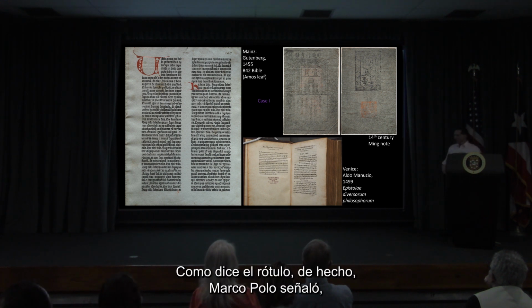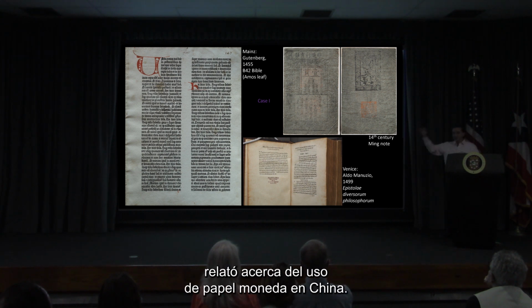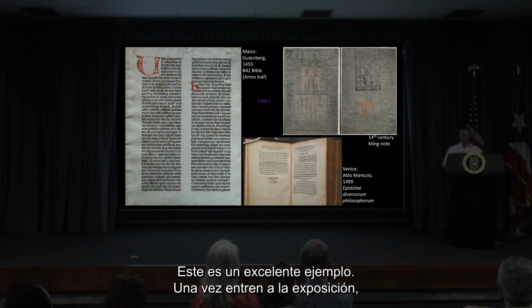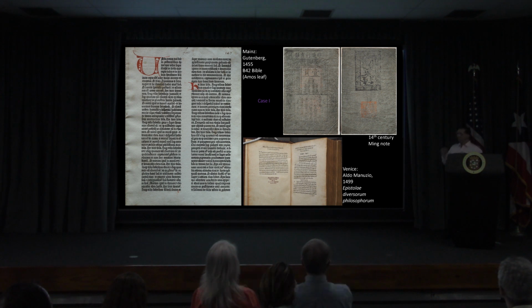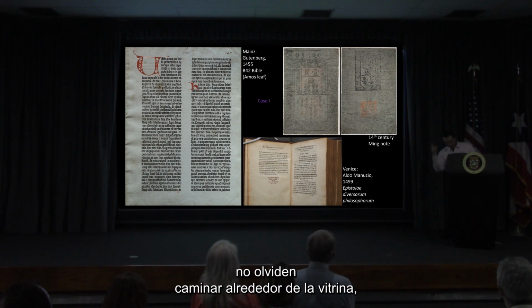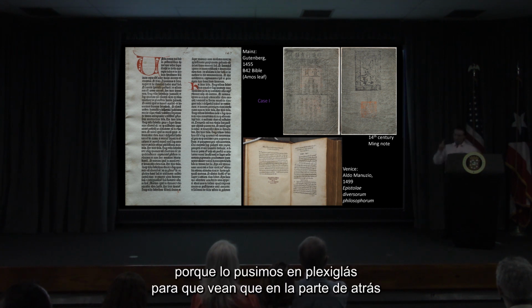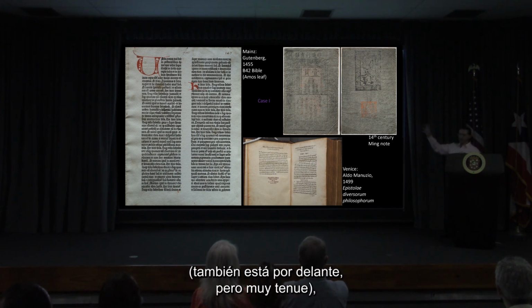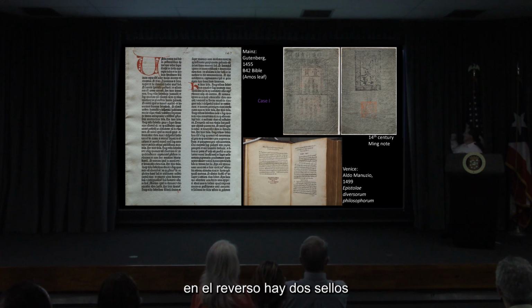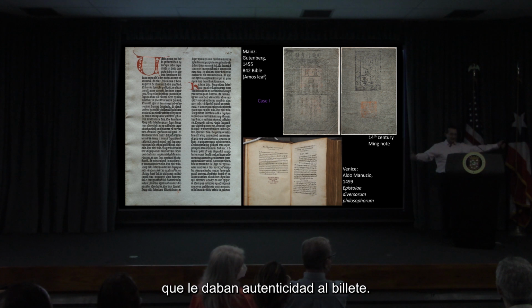As the label will say, Marco Polo recounted the use of paper money in China, and this is an excellent example. Once you're at the exhibition, don't forget to walk around the case, because we put it in plexiglass so that you can see that in the back there are two seals that made the note authentic.